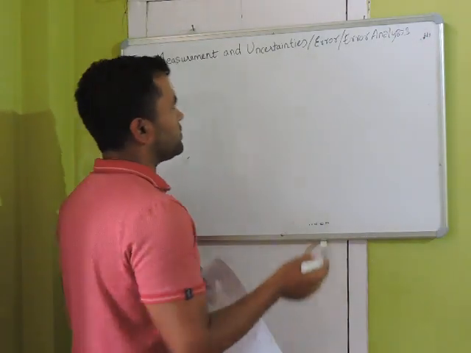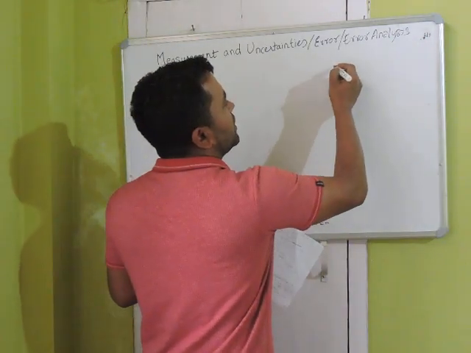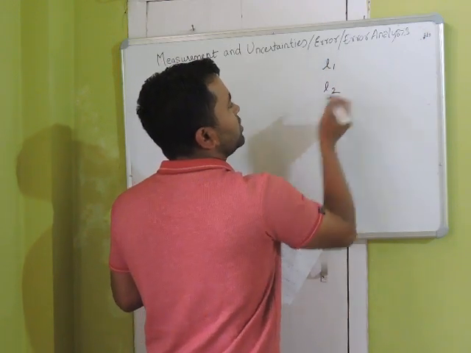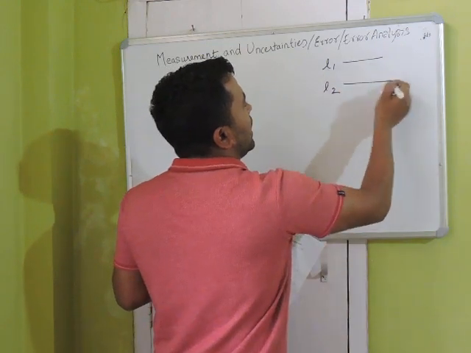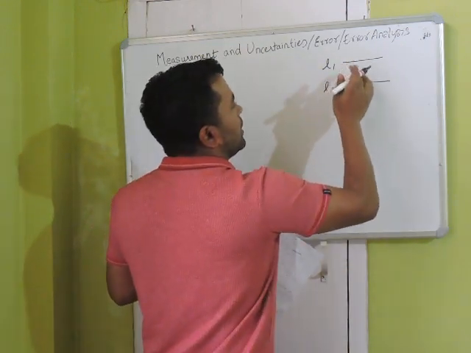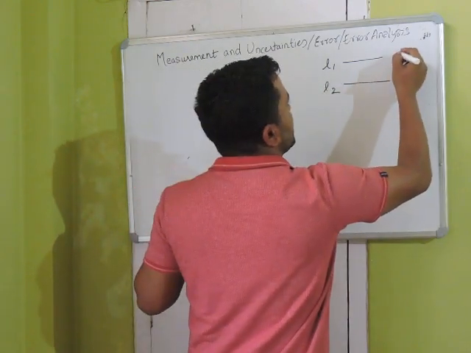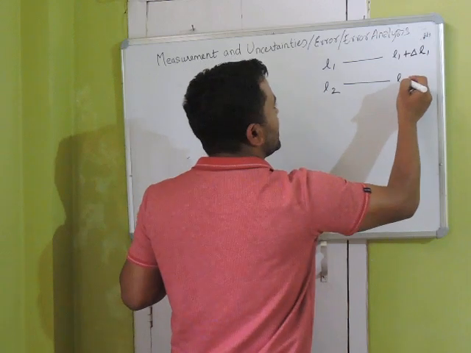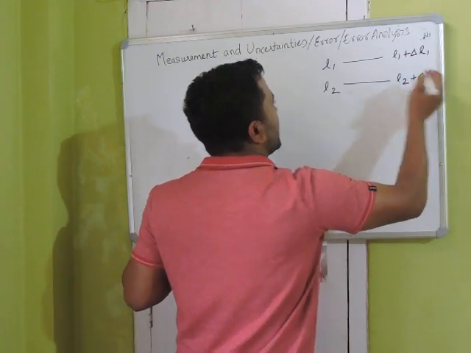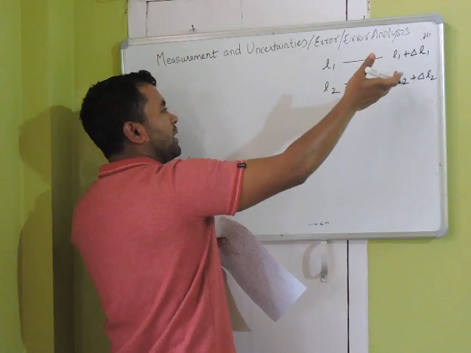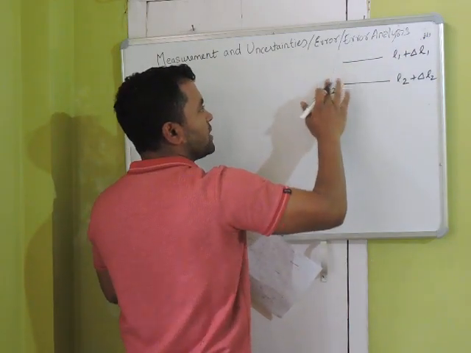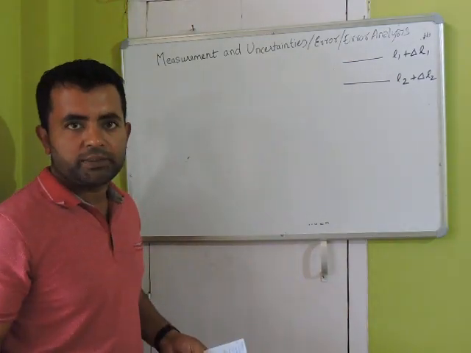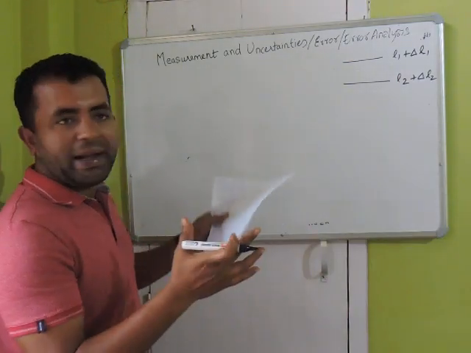Suppose I have some rod of length L1 and some rod of length L2, and actually this is L1 plus delta L. There is uncertainty here also, and there is uncertainty here also. If I have two rods of different length and different uncertainty, and I join them, what will be the total uncertainty? That is called addition of error.